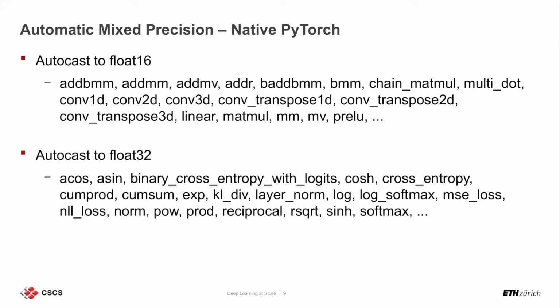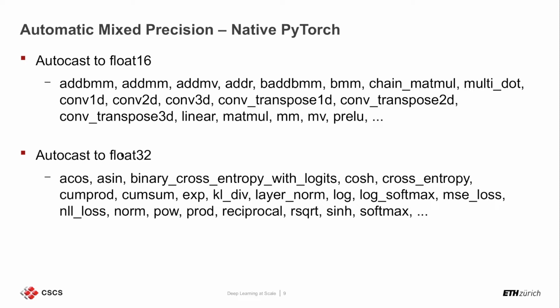And you can see the most matrix multiplications up here, convolutions, which are just matrix multiplications, and some very simple activation functions can be done safely in float 16 without much loss of precision.